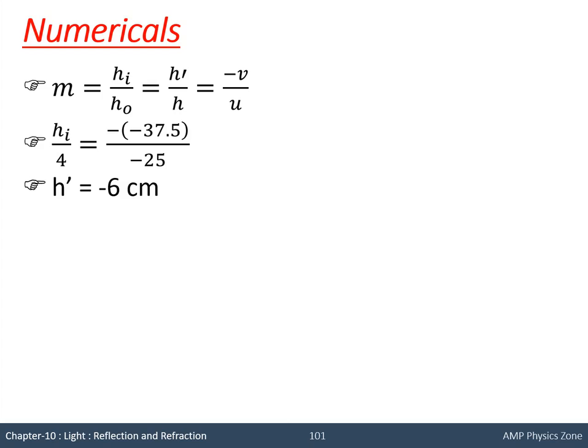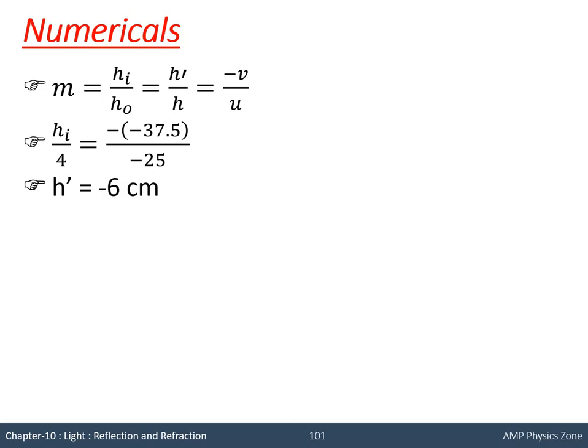Okay, so we can write that the image formed will be real, inverted and magnified. Okay, a magnified image will be formed in this case.